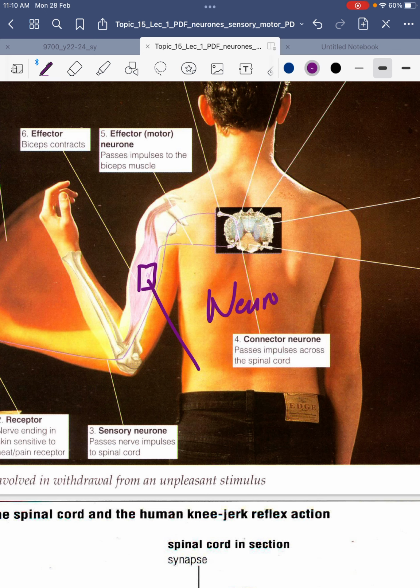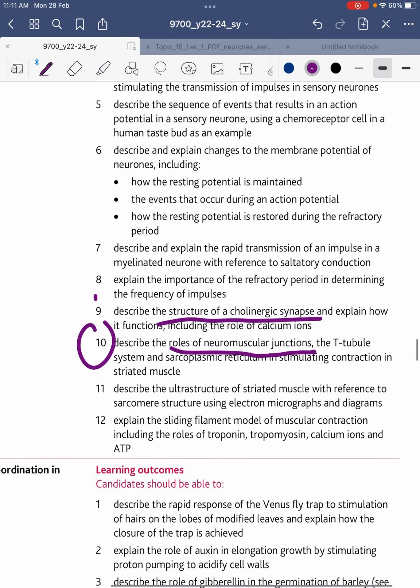Okay, and then this is synaptic transmission.